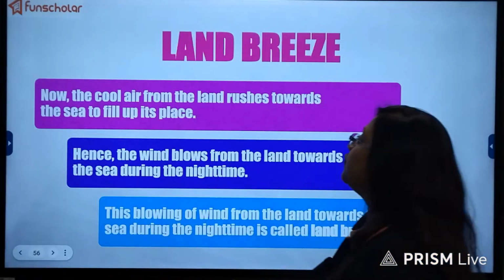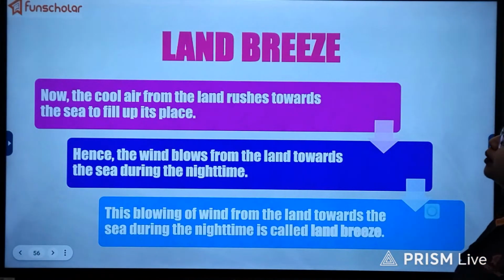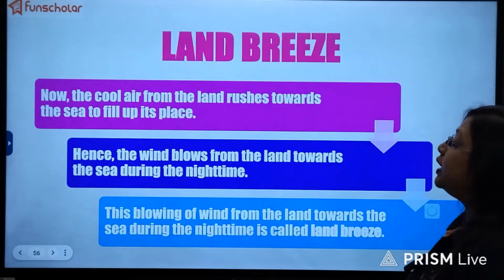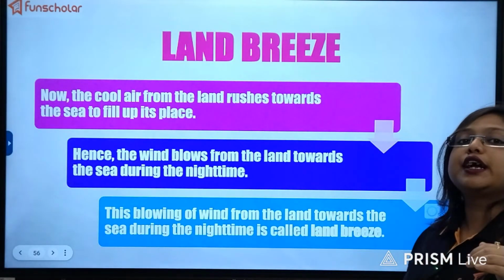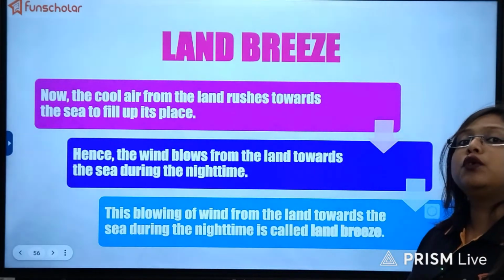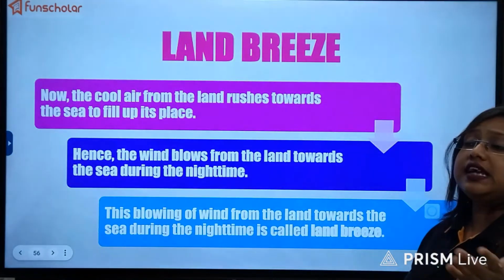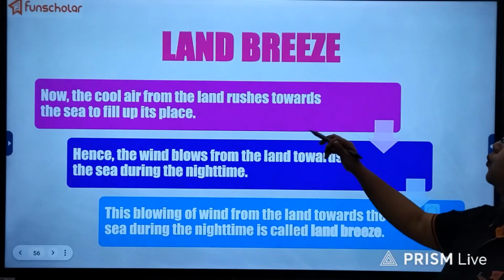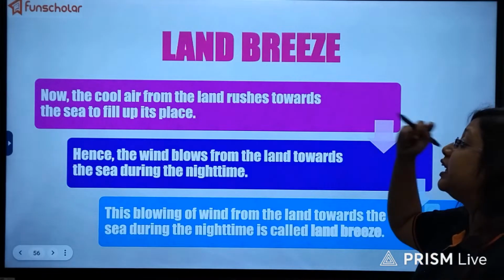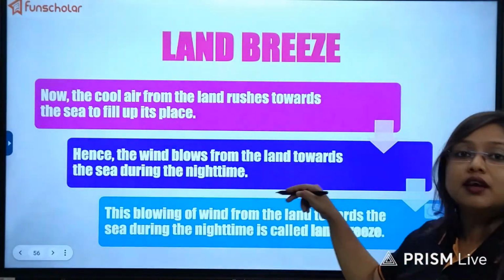So if we talk about land breeze, the cool air from the land rushes towards the sea to fill the space, just like the sea breeze comes from the sea, with cool air filling the vacant place on the land. Just like that, the cool air from the land fills the vacant space over the sea.